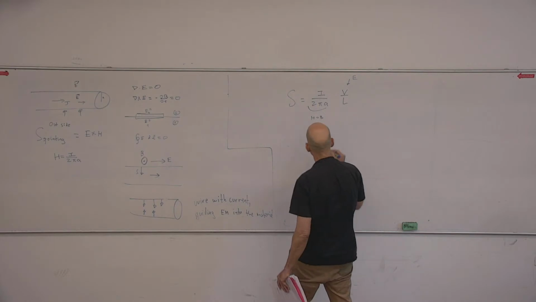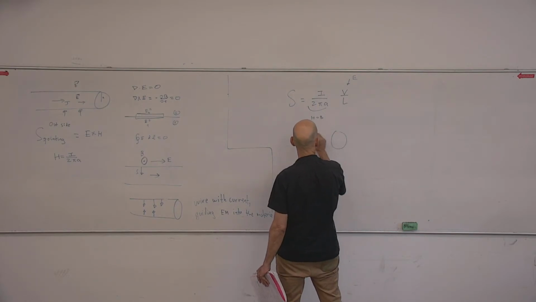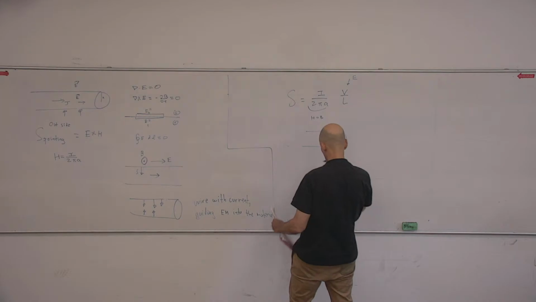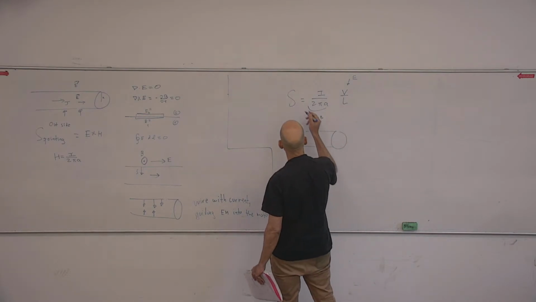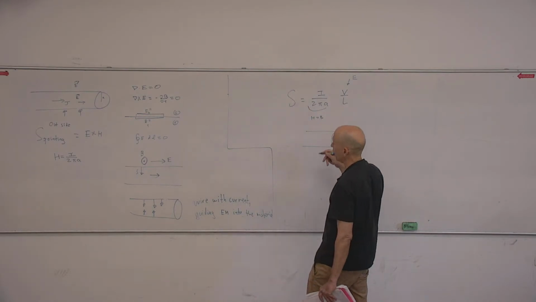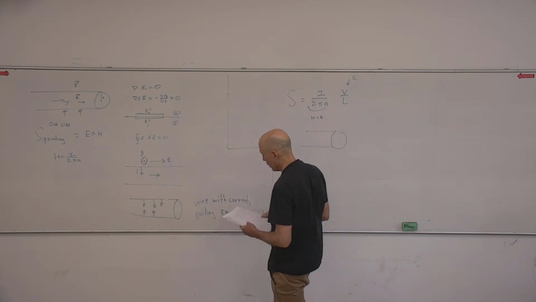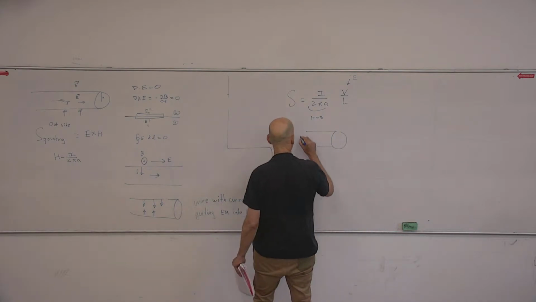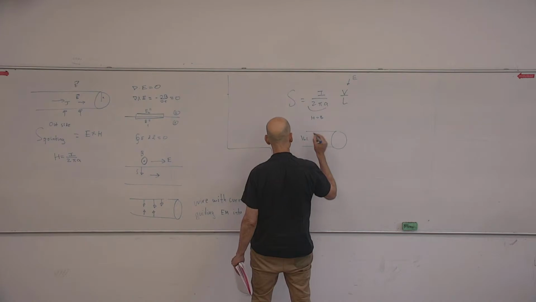Now we have this. This is the energy per unit time, per unit volume. Now we need to multiply it by the volume to get the total energy.